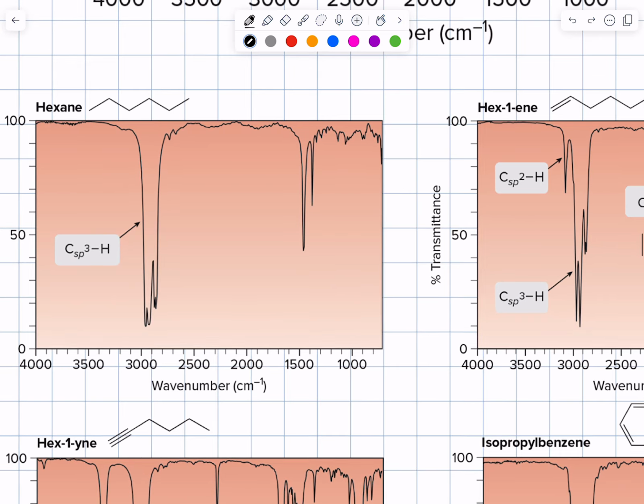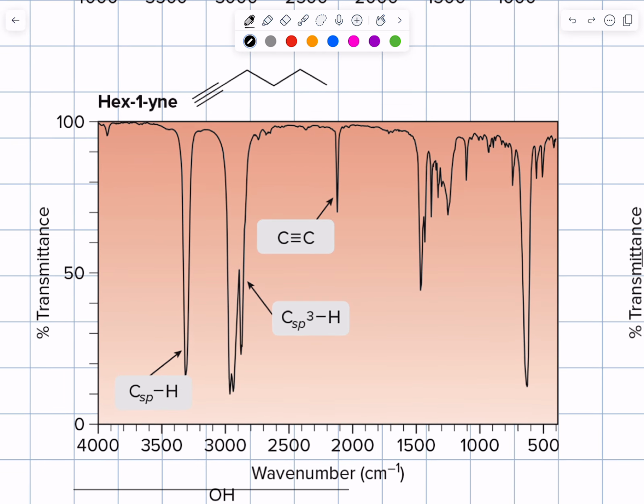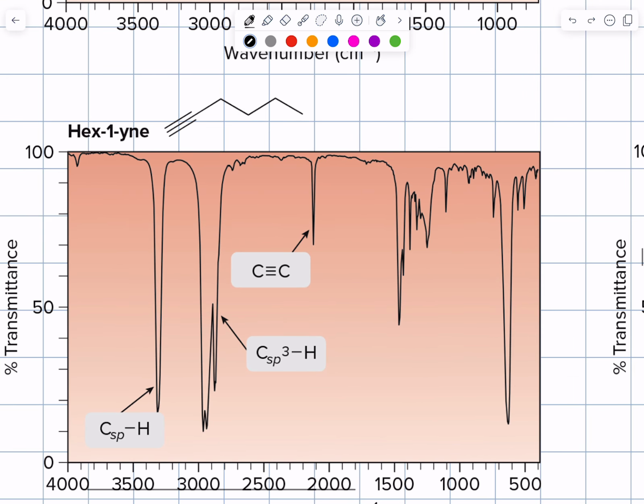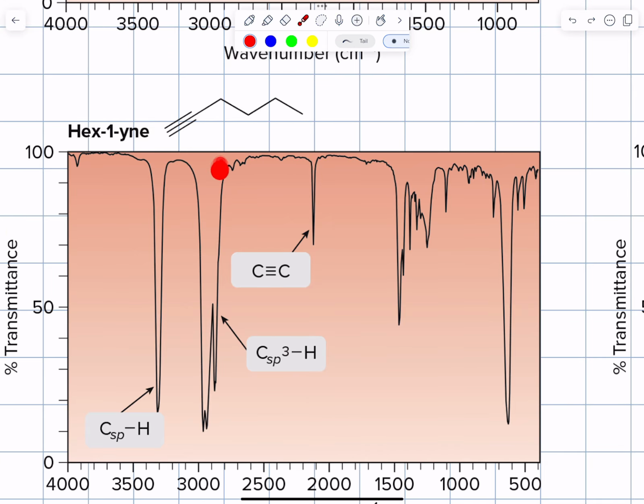I'm not going to do hexane or hexene because they're mostly boring. Let's do hexyne. Hexyne has sp3 hybridized CH bonds. You see that here. Hexyne has a CC triple bond. You see this at around 2100. It's narrow and it's also pretty weak in intensity.